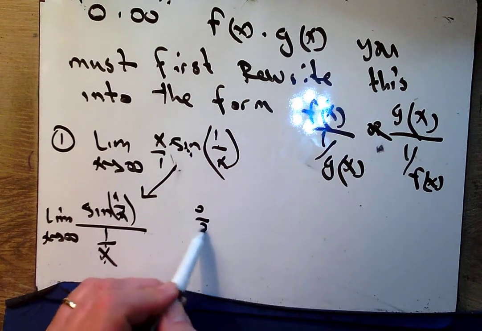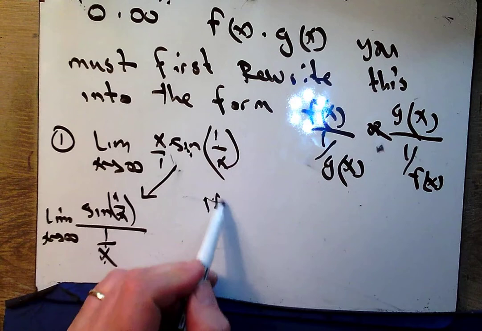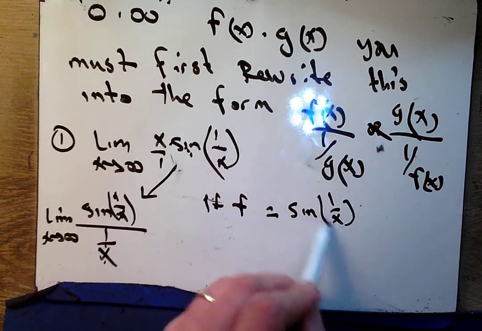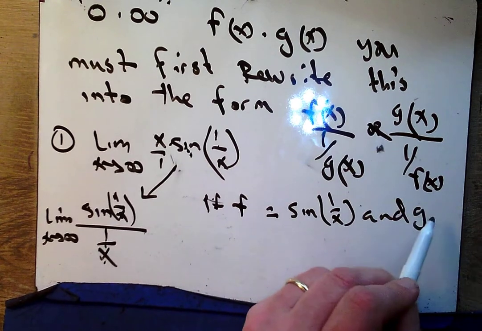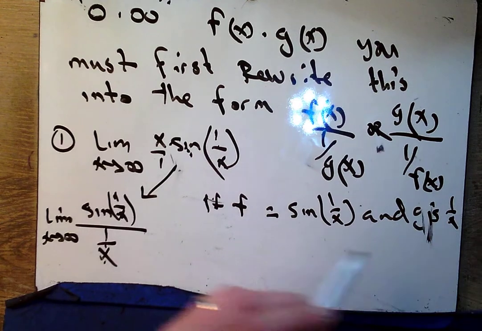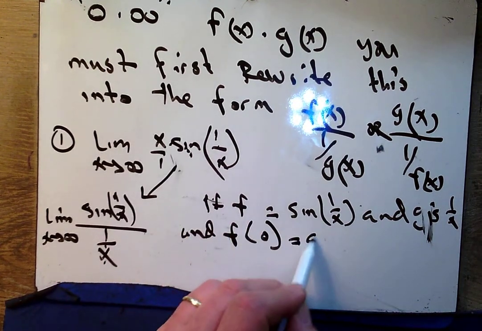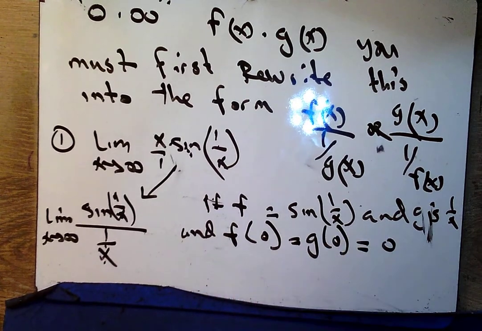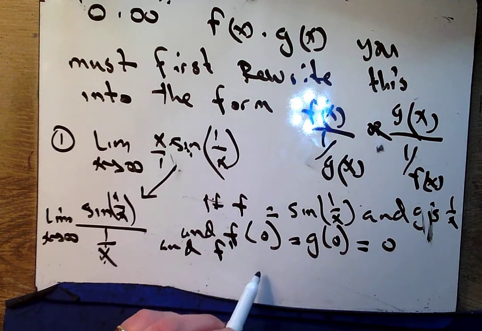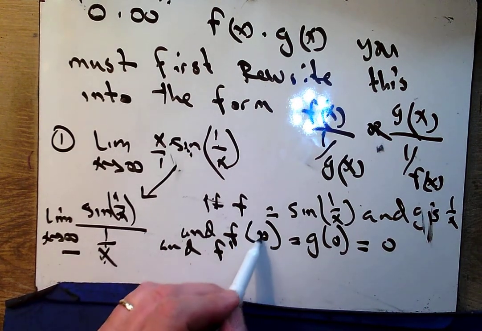Okay, and since I have 0 over 0, that tells me that if f is sine of 1 over x and g is 1 over x, and f of 0 equals g of 0 equals 0, and f prime, that's that infinity case, hold on.